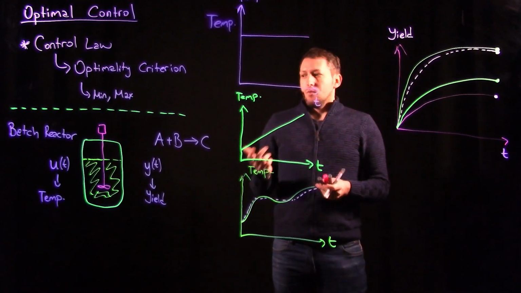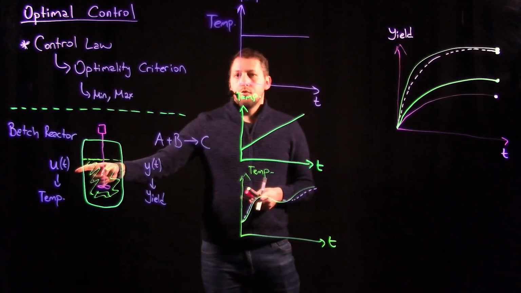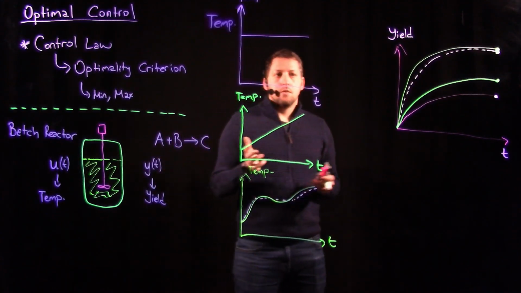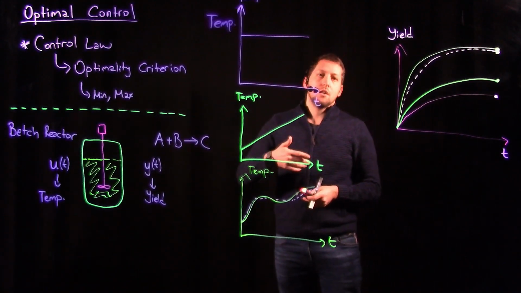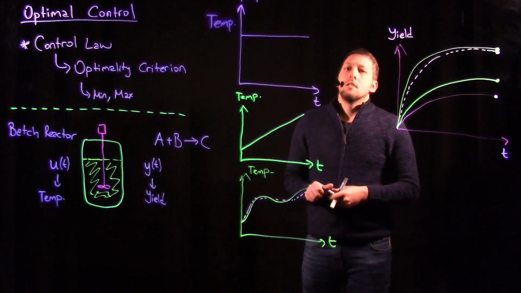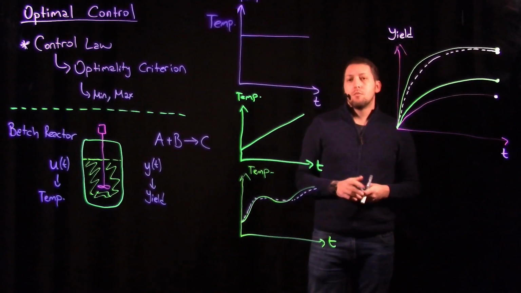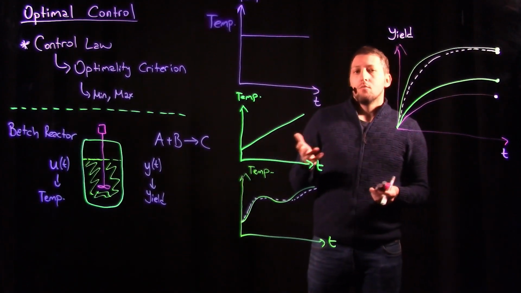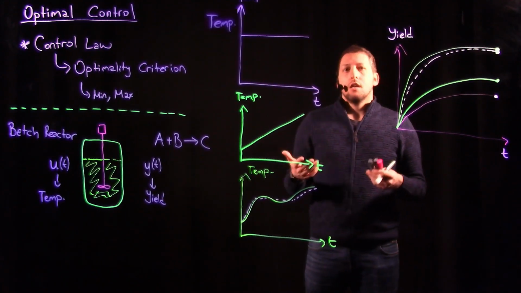The other thing that we need to know is, for example, in terms of my input, what the boundary values are. So there is a practical limit to how I can apply a control law. For example, I couldn't apply too much temperature or too much heat, or there could also be some lower boundaries. I should also be aware of this. And maybe even more important than that, I should also know what I would like to optimize.